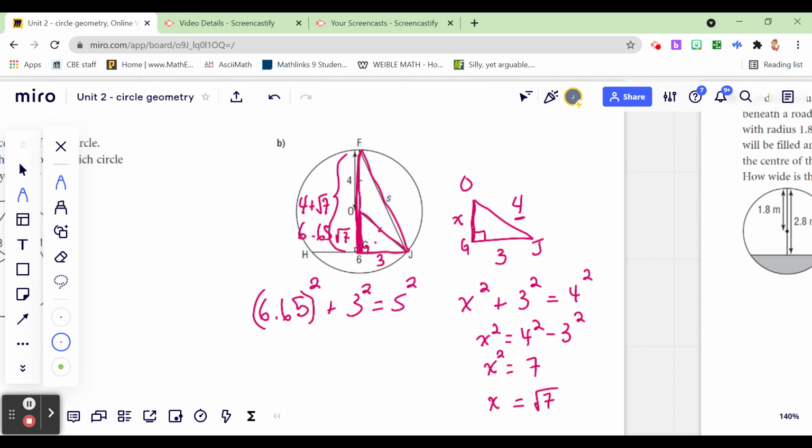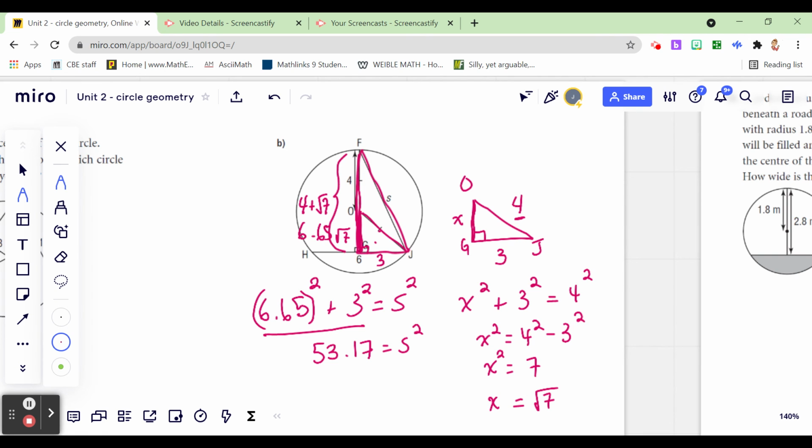So I'm going to take that and square it, and then add 3 squared to that as well. So I calculated that in my calculator, and I got 53.17 for S squared. And then I'm going to go ahead and square root that because I want to know what S is.